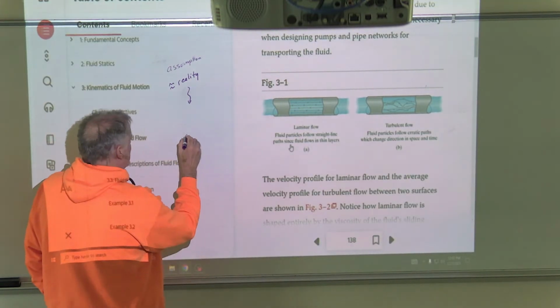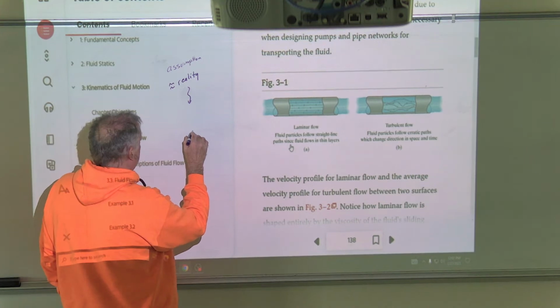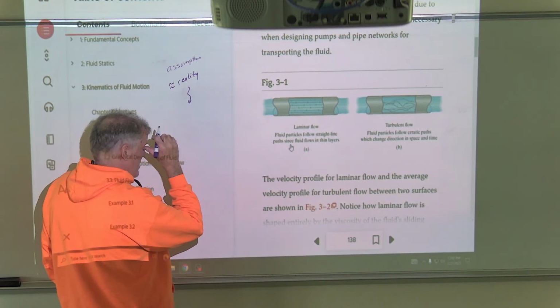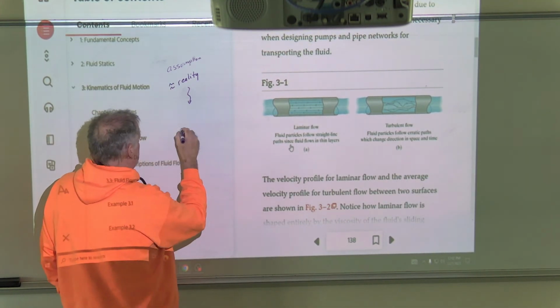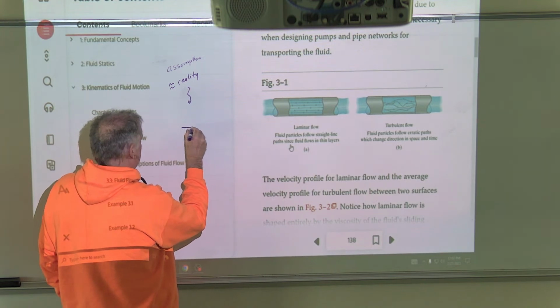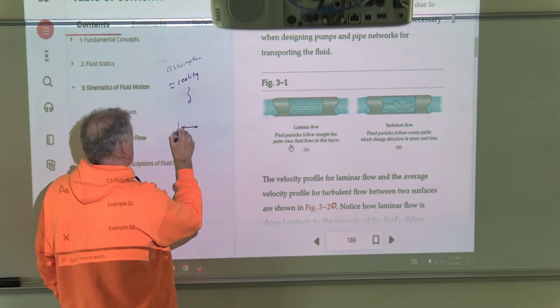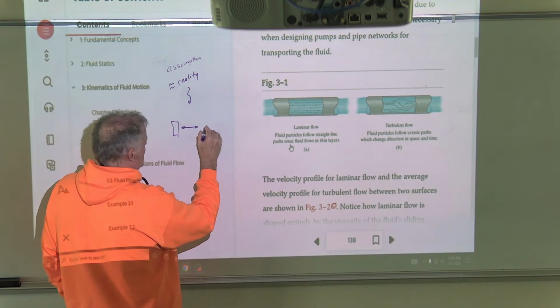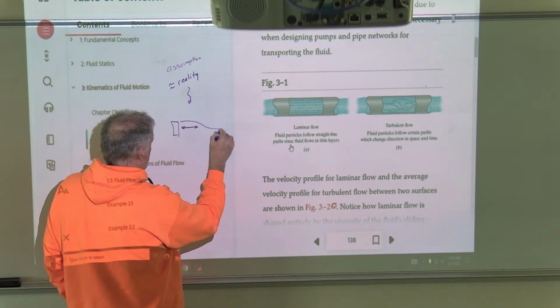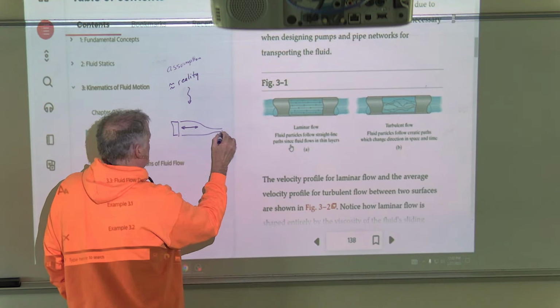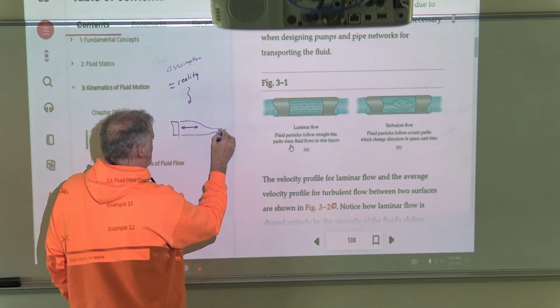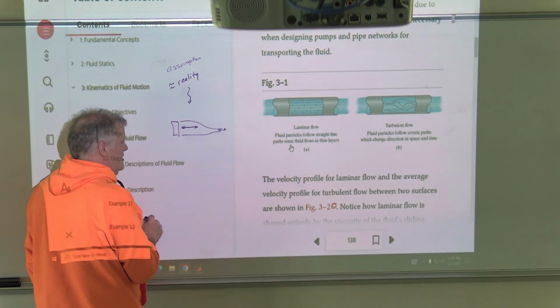If you take some sort of object, let's say you had a pulsating flow. So it's basically a piston pumping back and forth, and it goes down a pipe. This is a weird example. What happens is the fluid is moving back and forth, changing directions.